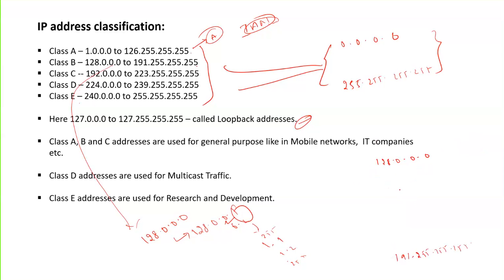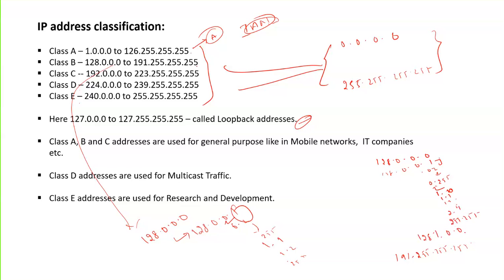How does it come here? 128.0.0.1, then 0.2, until 0.255. Then plus 1 it will be increased here: 1.0, 1.1, 1.2, like that until 255, then 2.1. If 255 and 255 are both there, then what happens?